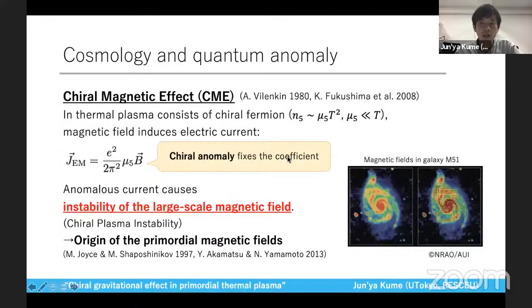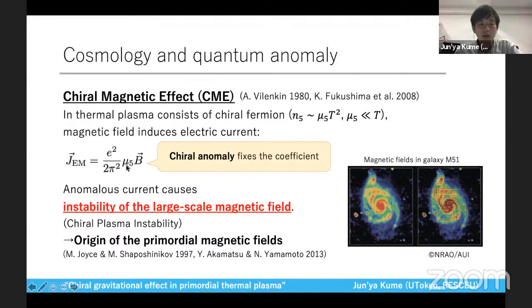Here I'd like to introduce another example called the chiral magnetic effect. In a chiral asymmetric fermion background, which is characterized by this chiral chemical potential, a magnetic field can induce an electric current, surprisingly. This proportionality coefficient is actually fixed by the chiral anomaly.